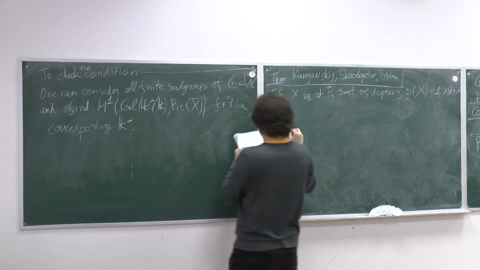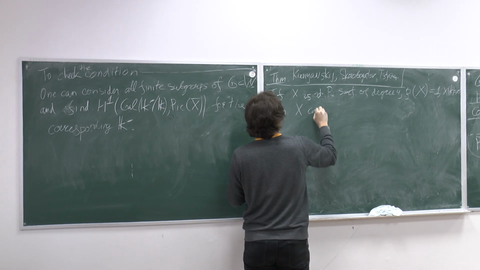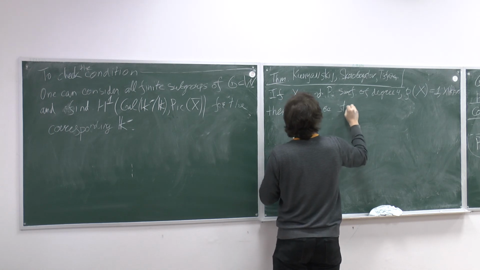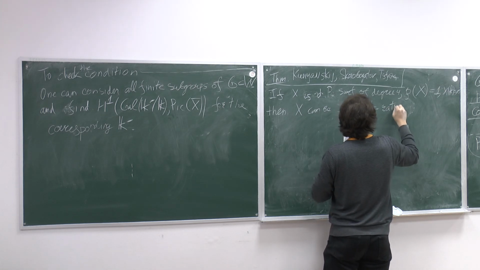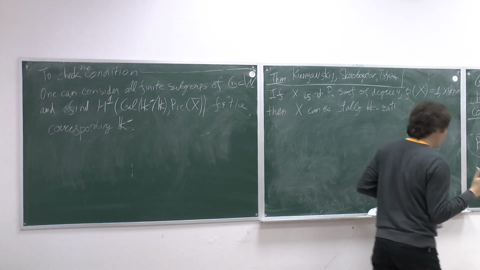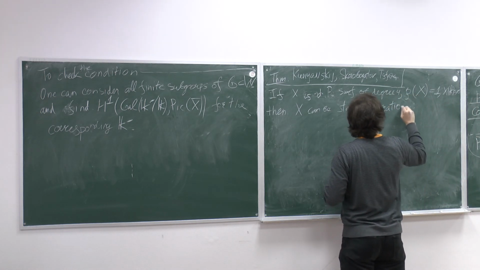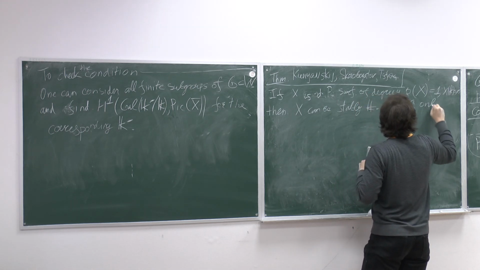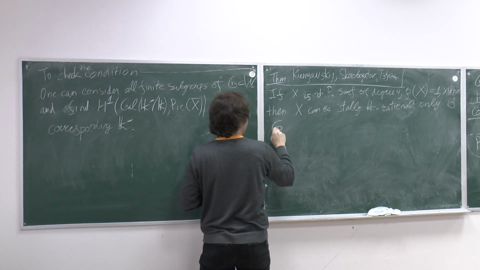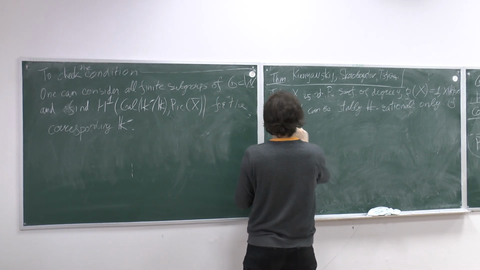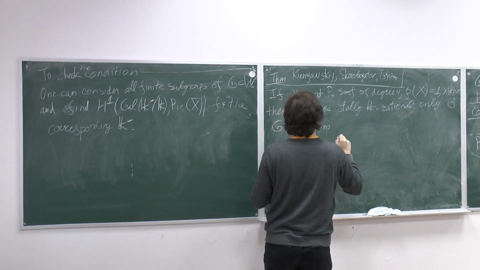Then X can be stably irrational only if the splitting group G is isomorphic to one of the following groups acting on the Picard group in a certain way.